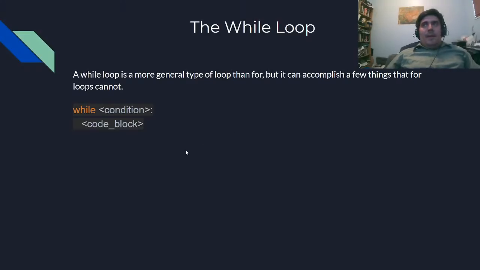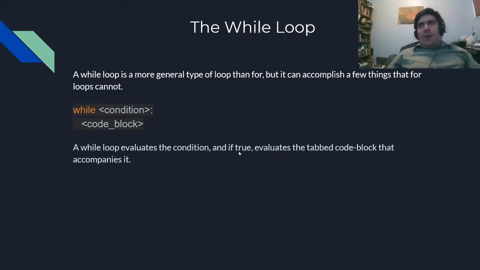Let me teach while loops first, and then I'll tell you why I teach them. A while loop evaluates the condition, and if the condition is true, it evaluates the tabbed code that accompanies it. If you're one of Dr. Wilson's students and you used a while loop on homework 3, that should be okay.